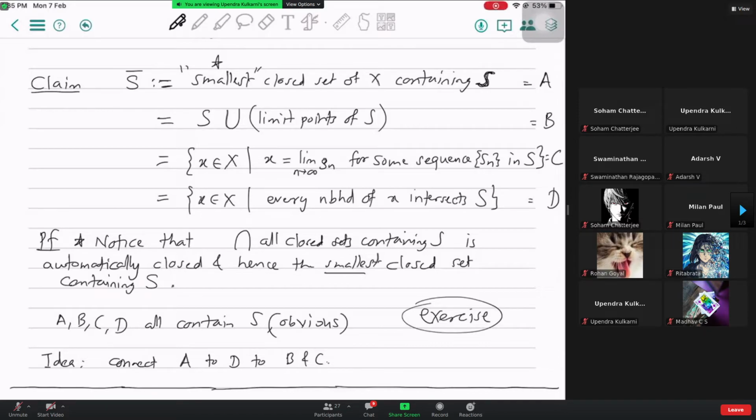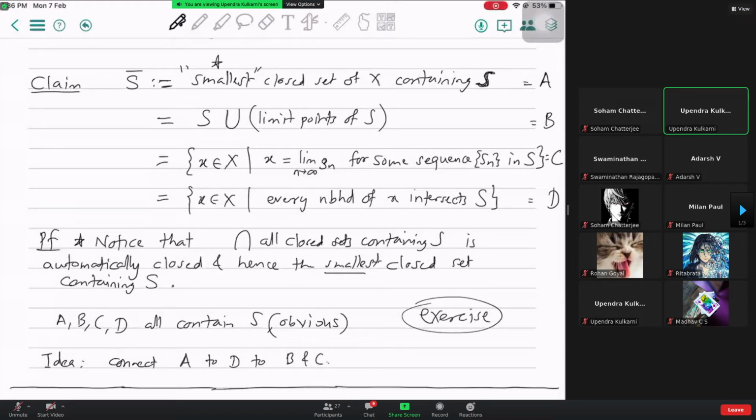If you take any X in D complement, then you can find a neighborhood which does not intersect with S. And so that point has to be in A complement. Correct. Very good. So let's hold that thought. What he just showed is that any point in D complement has to be in A complement.